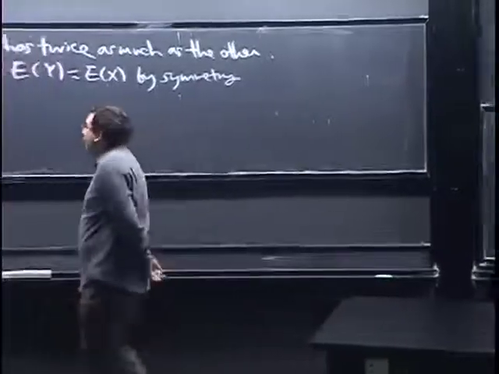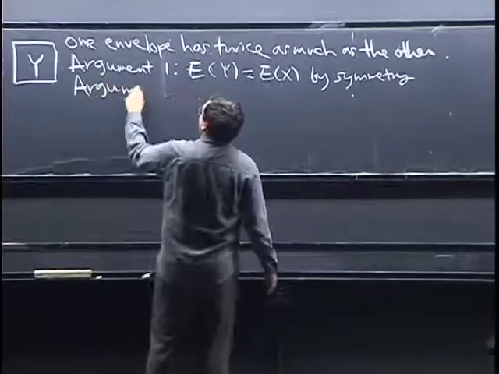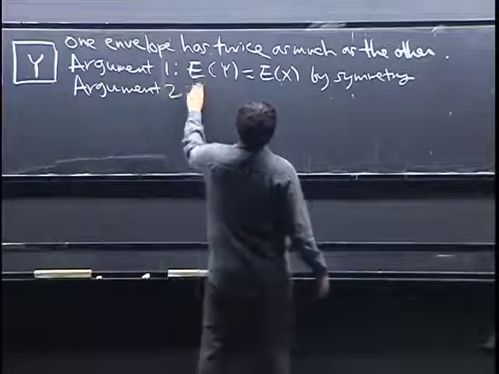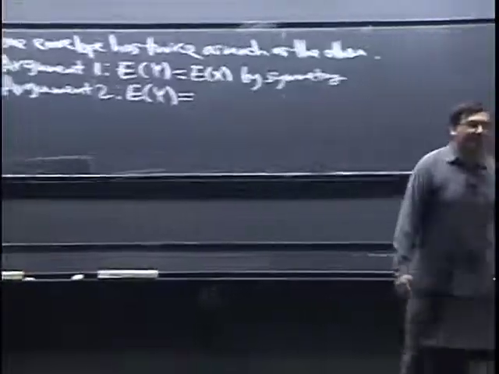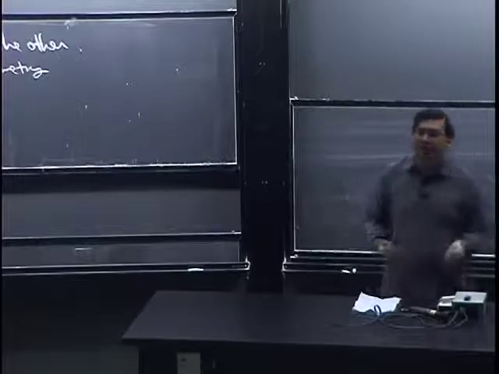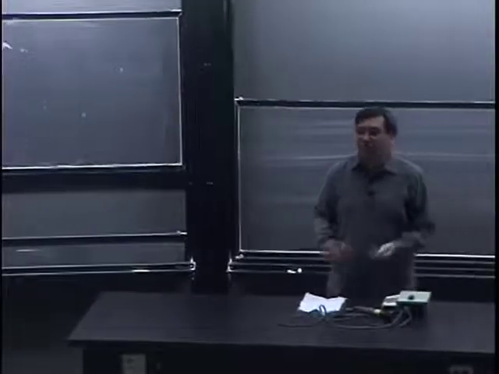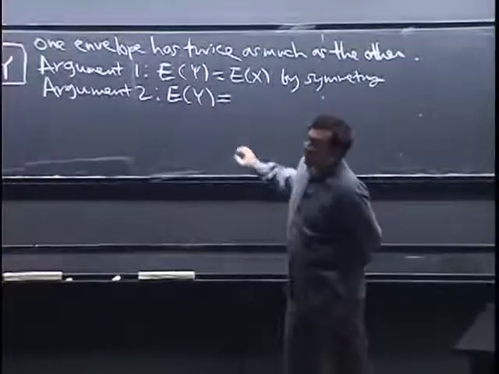Okay, so that's a pretty strong argument. But let's look at argument 2, which also seems pretty strong. Argument 2 is to condition. You say, how do we compute expectation? Just like when we had a probability we didn't know, we want to condition on the thing we wished that we knew. So this is just the law of total probability, except the expectation version.